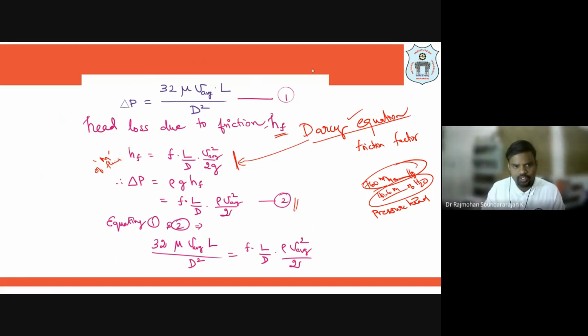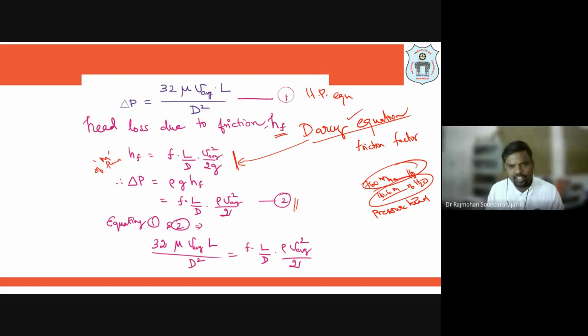If you take equation 1, which we already have, from rewriting the Hagen-Poiseuille equation, this is nothing but the Hagen-Poiseuille equation with the L going to the right hand side. Otherwise it is delta P by L. So taking L to the right hand side, we have delta P equal to 32 mu V average L by D square.